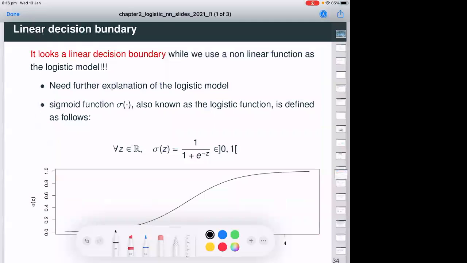Do you think this is weird or pretty obvious? Or do you need some explanation why this decision boundary is linear?